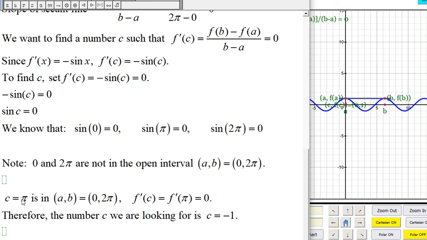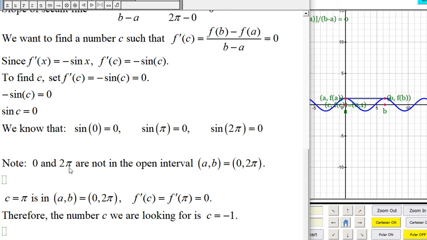C equal to pi is in the open interval from 0 to 2 pi. And therefore the c we're looking for is pi. One more time, we have sine of c equal to 0. There are 3 possible answers for c, because c could be 0, pi, or 2 pi.